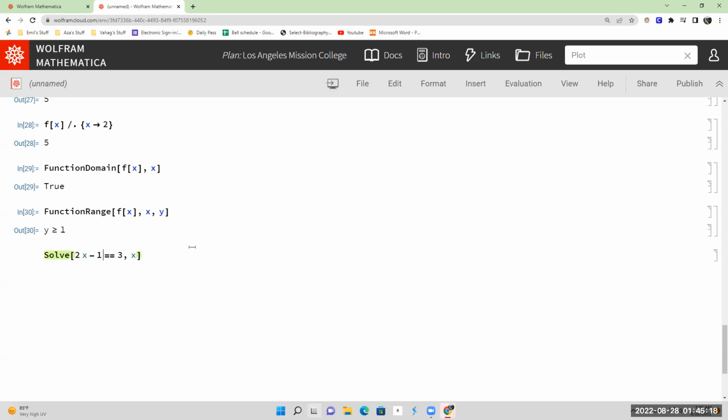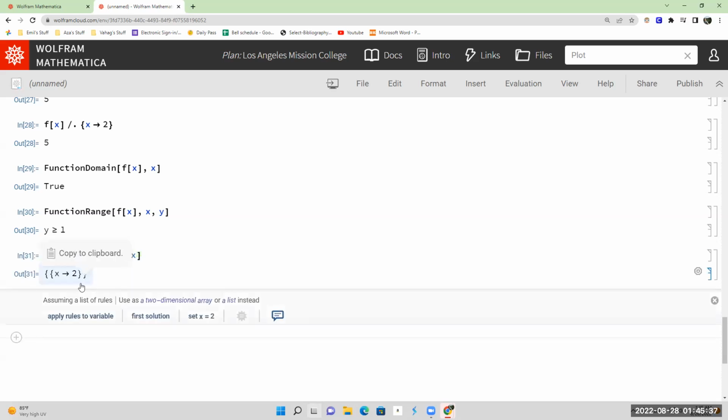So it's not going to be assigning 3 to 2x minus 1, but rather it is going to ask whether 2x minus 1 equals 3, and it's going to find the value of x for which 2x minus 1 equals 3.